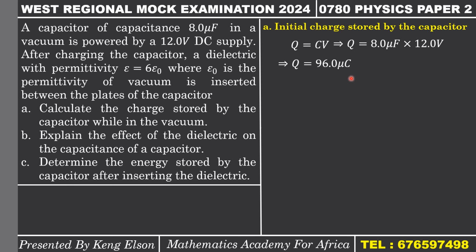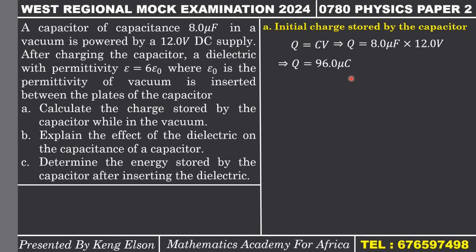Now at the instant where you insert a dielectric, the medium is now that of the dielectric, so the capacitance will be epsilon A divided by D, where this epsilon here is the permittivity of that dielectric. So in this case we have that epsilon is equal to 6 epsilon 0.